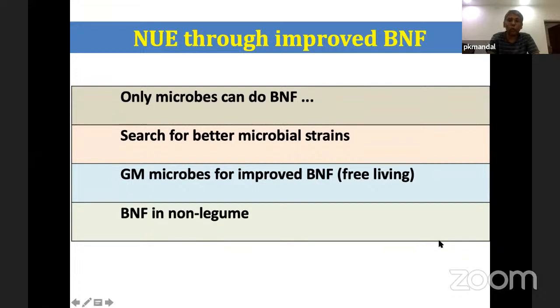Those that can fix more nitrogen, we select them, and then we use them as a biofertilizer. That's one part. And then we can genetically modify them in a different way so that their efficiency gets improved.